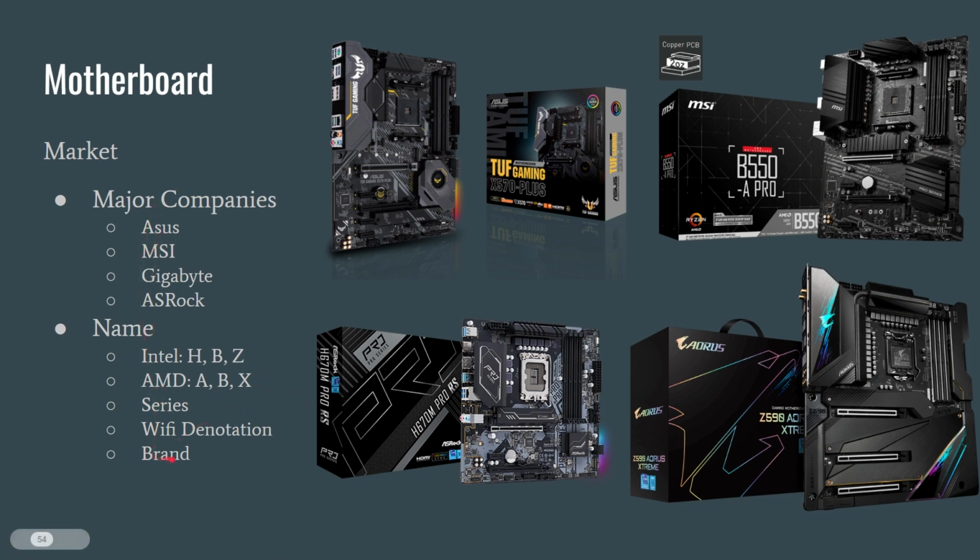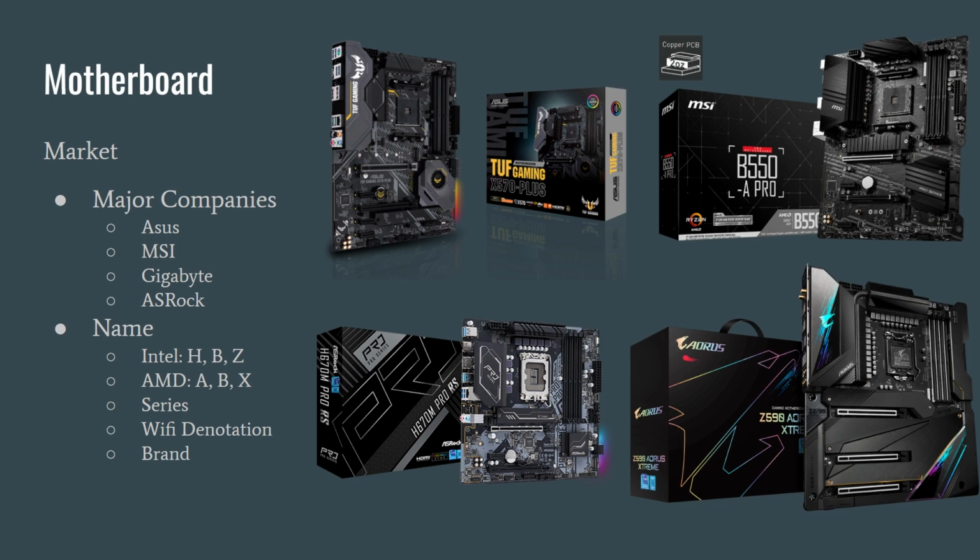Most companies also have their own product lines or product brands within all their motherboards. For example, MSI has the Pro series, so you'll see a bunch of MSI motherboards that are Pros. And Gigabyte has AORUS, which is a line of motherboards that Gigabyte sells.